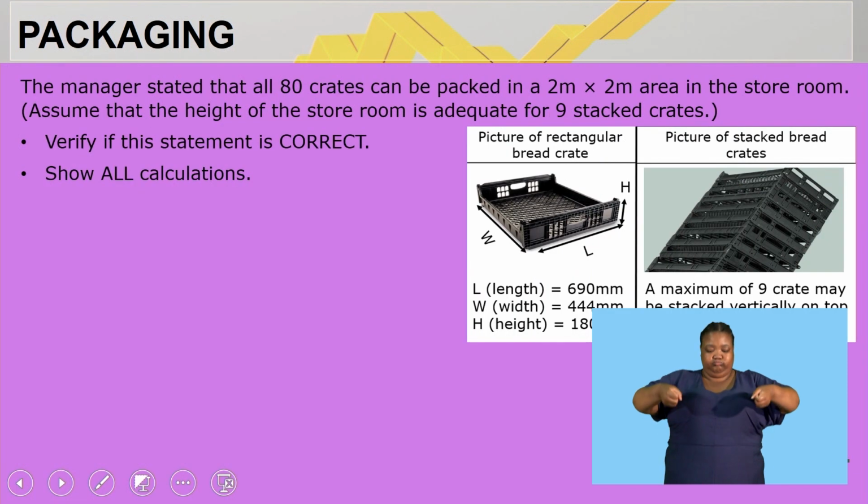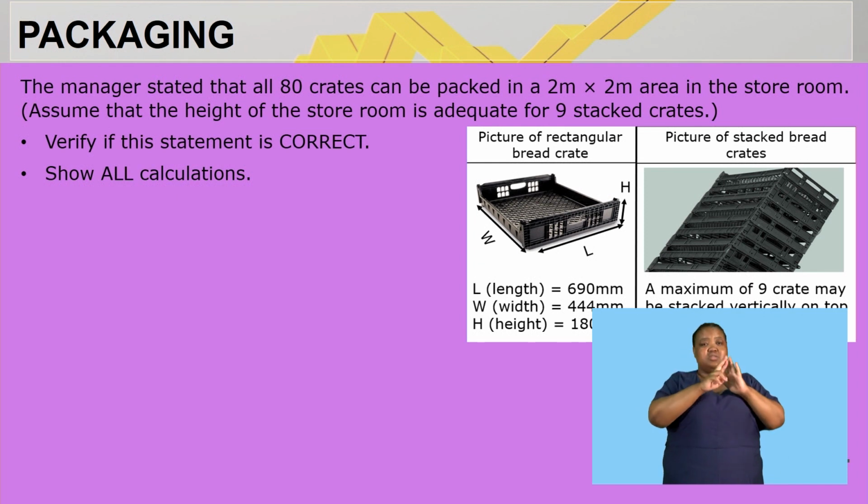So let's look at what we need to answer. Remember on our right hand side, the picture still represents what we've seen in the previous slide. So here we are saying the manager stated that all 80 crates can be packed in a 2 by 2 meter area in the storeroom. So assume that the height in the storeroom is adequate, that it is enough to stack the 9 crates.